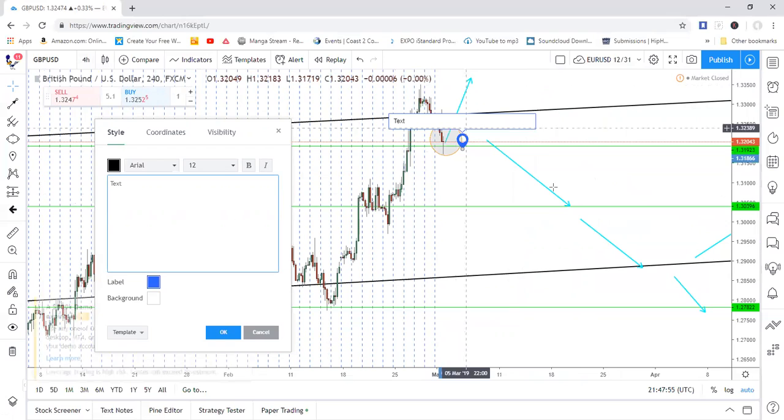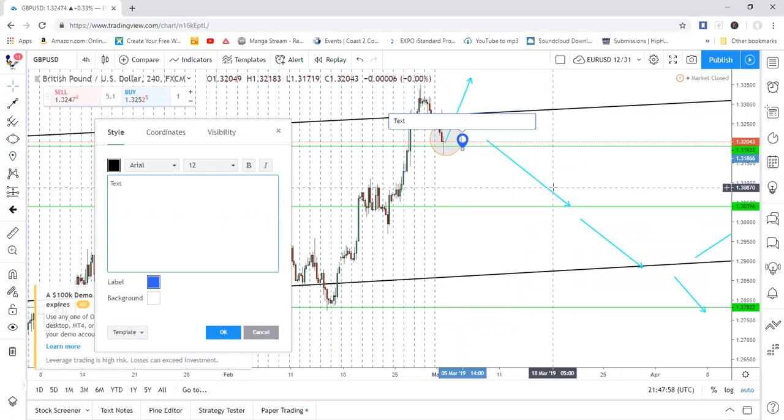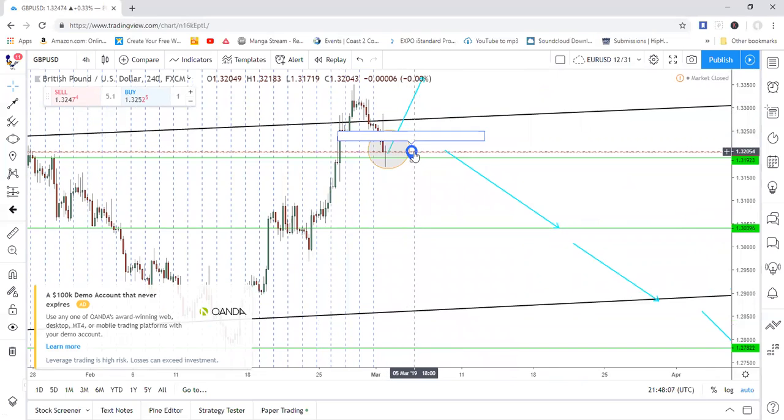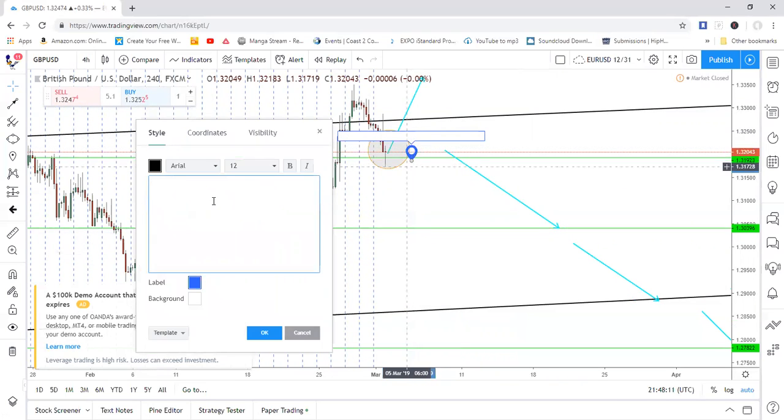So I'm going to put a little note right there saying: look out for this area.